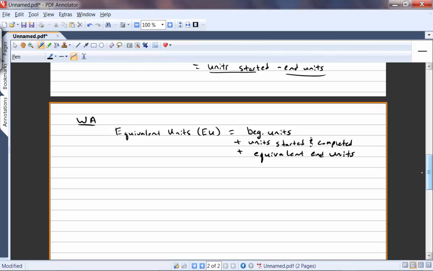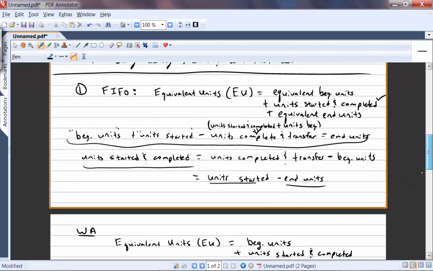Another way to say this is that the equivalent units for weighted average is equal to the units completed and transferred plus the equivalent ending units. That's the same thing, because units completed and transferred is the same as beginning units plus the units started and completed.